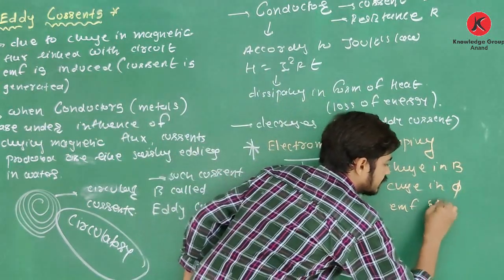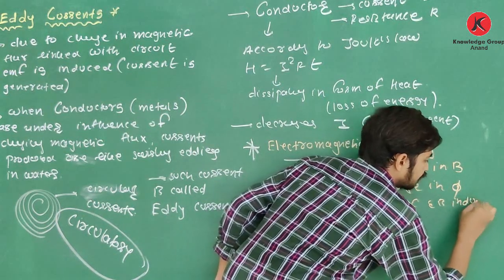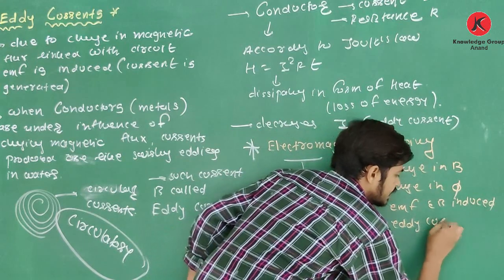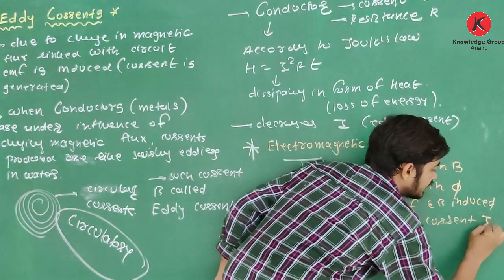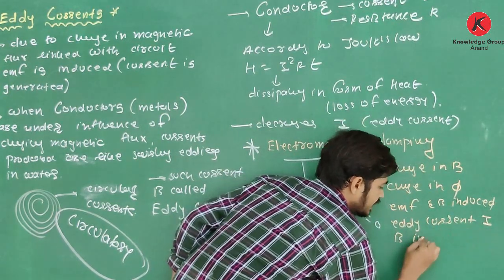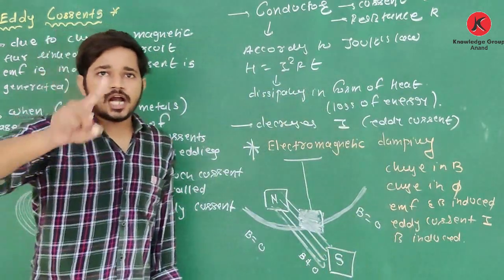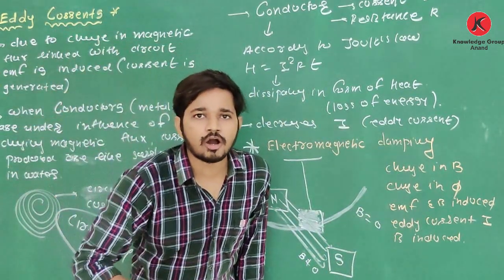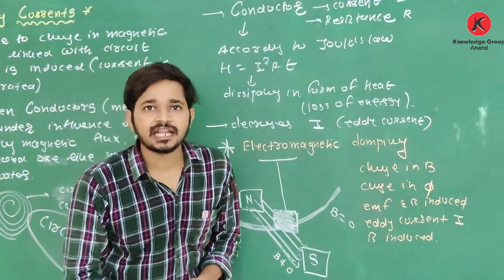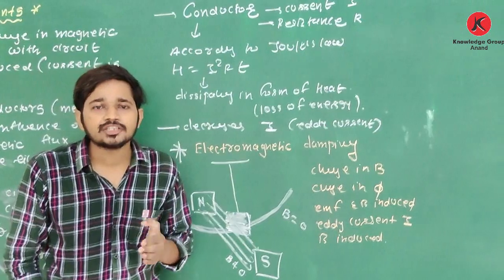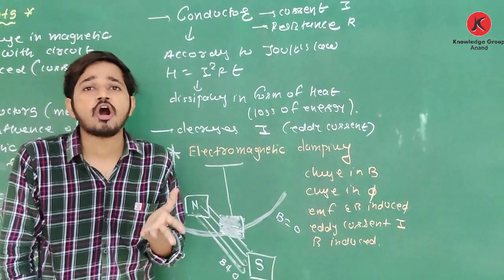EMF E is induced, and eddy current I is induced. Clear about this? And according to Lenz's law, we know that these eddy currents are induced such that they oppose their cause.